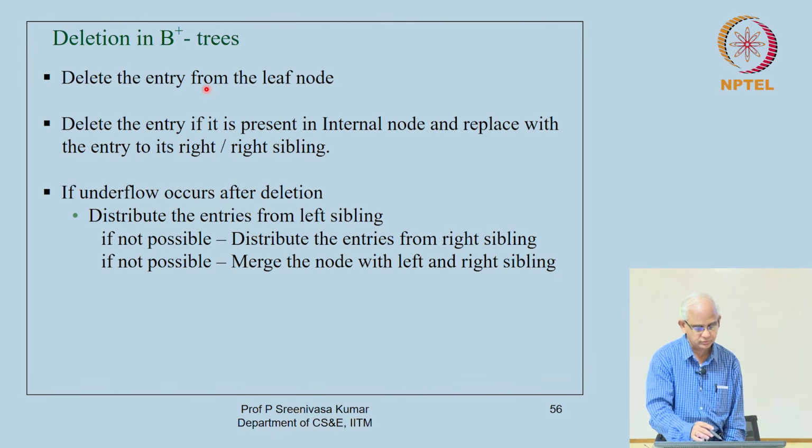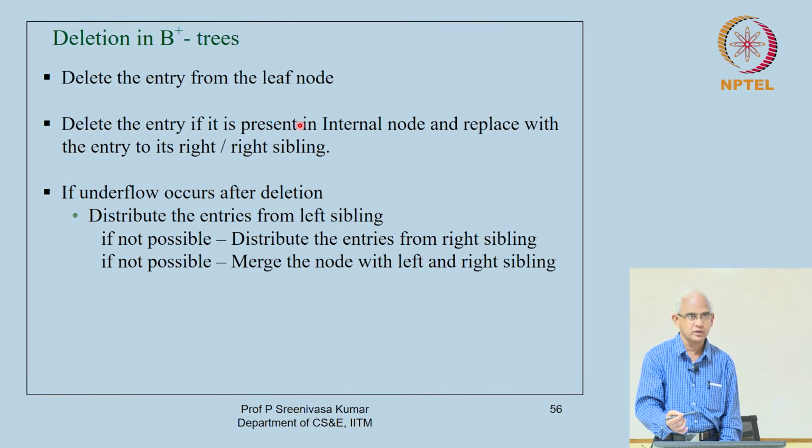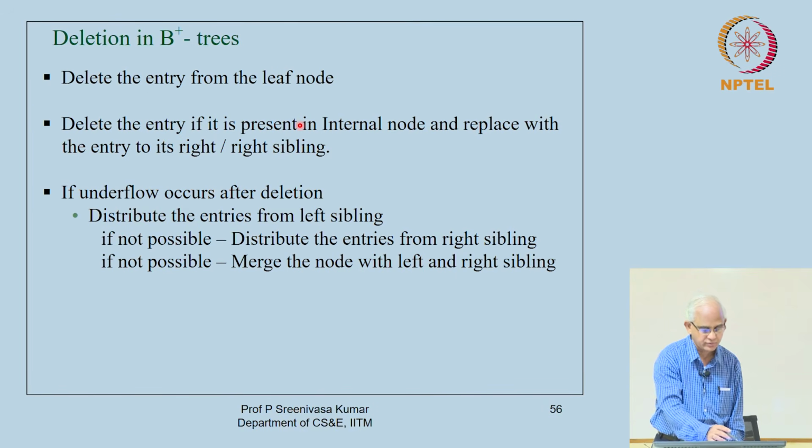To delete an entry, when you get a delete request, obviously you should first locate where it is in the leaf, and then delete it from the leaf. Delete the entry if it is present in the internal node also, and replace it with the entry to its right or the right sibling. We will see how exactly.